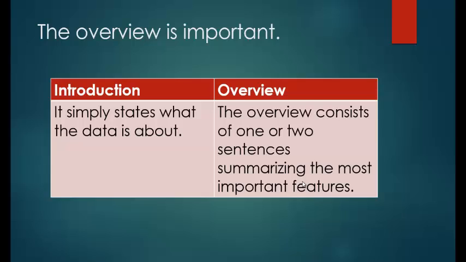The overview is a little bit different. The overview consists of one or two sentences, not just one. It summarizes the most important features, so you have to read and observe the graph or whatever you have in front of you, and then write 2 or 3 sentences about the most important features of the graph, for example.